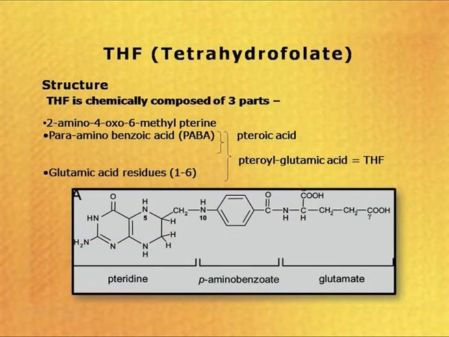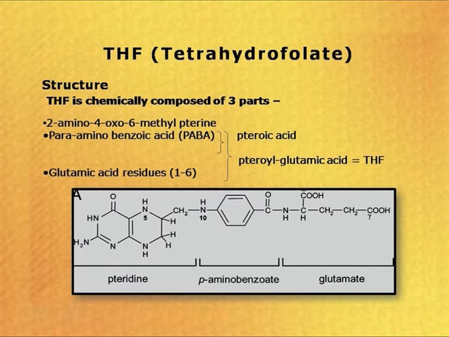Lastly, I will discuss the importance of another methyl group donor, which is tetrahydrofolate. This particular slide shows the structure of tetrahydrofolate, which is a bit complex. It consists of 3 major parts, which are 2-amino-4-oxo-6-methylpterine, para-amino-benzoic acid and glutamic acid residues.